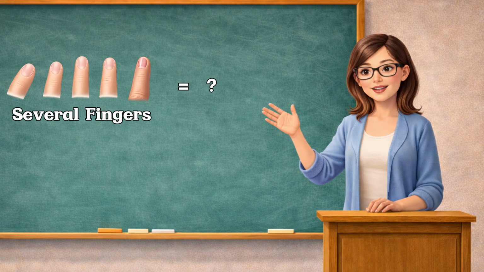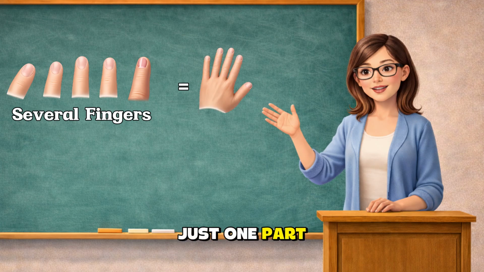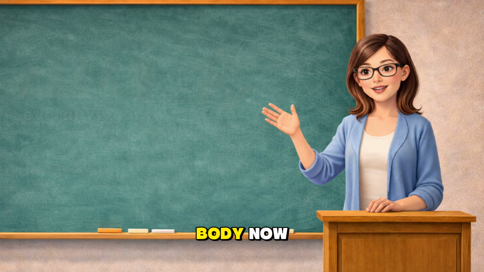A hand? That's right, Daniel. You get a hand, which is just one part of a whole body. In the same way, a paragraph is just one part of a larger piece of writing. If the entire text is the body, then paragraphs are the parts that work together to form that body. Now, let us apply this idea to our lesson.